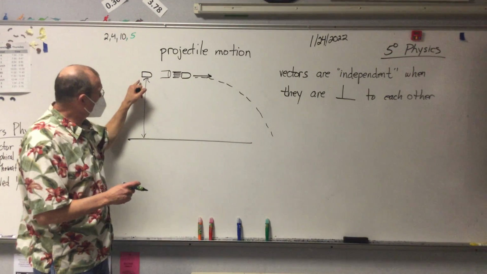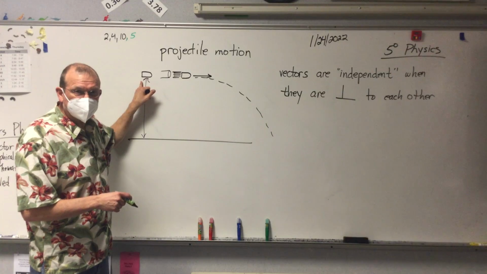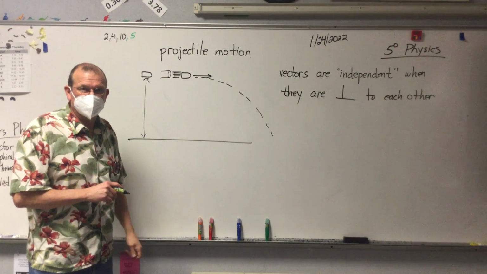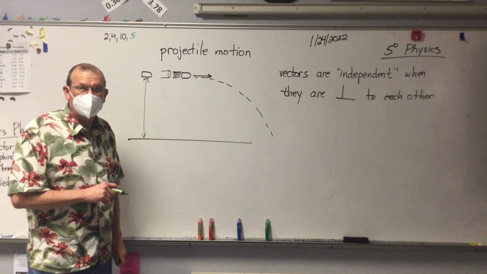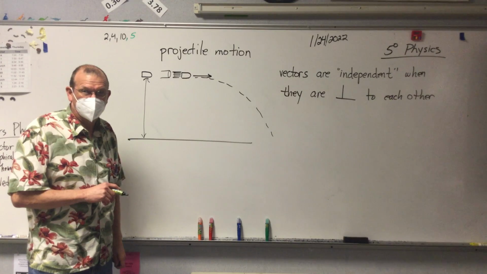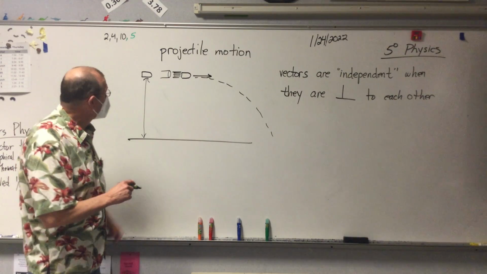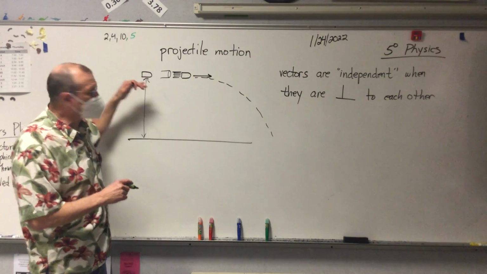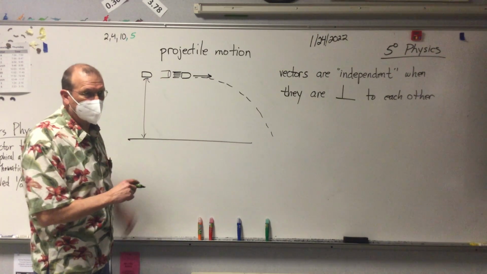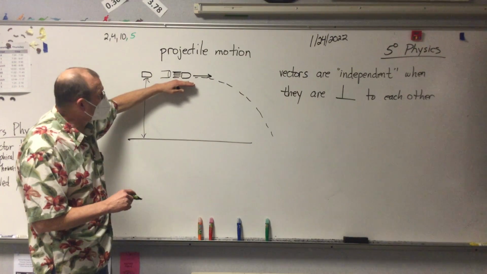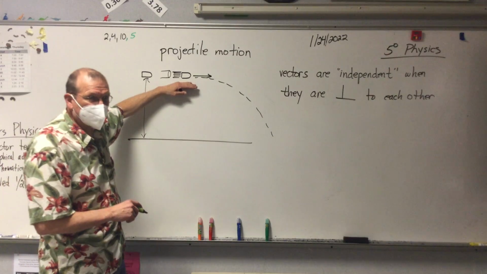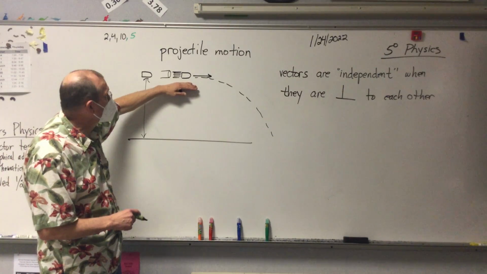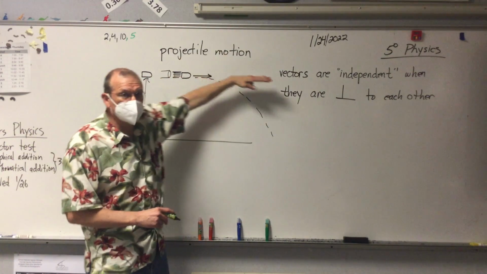Now for this bullet that just gets dropped, what's the only dimension it moves in? The vertical dimension, because it has nothing that's making it move in the horizontal dimension. This bullet, when it gets shot out of the gun, it has horizontal motion.